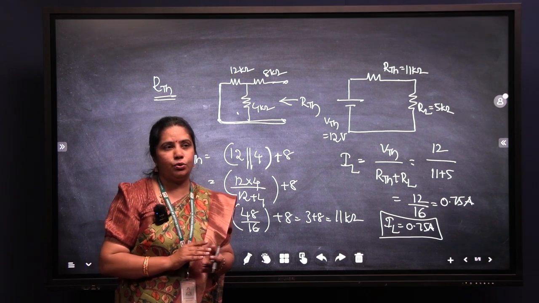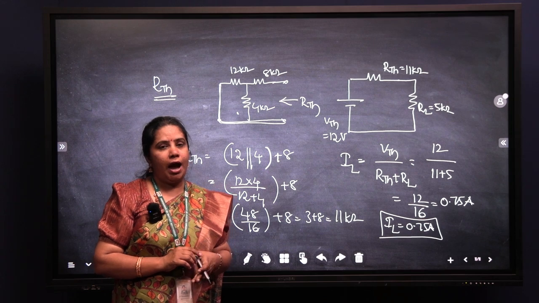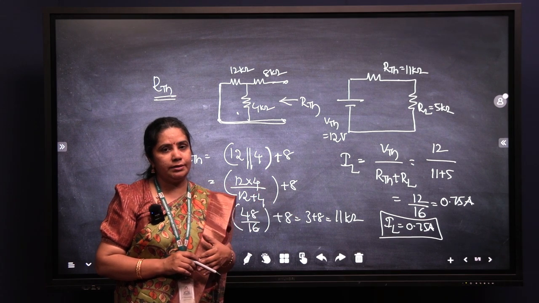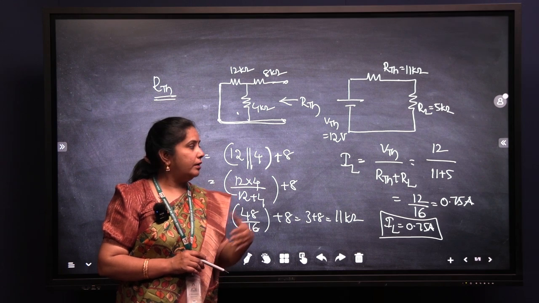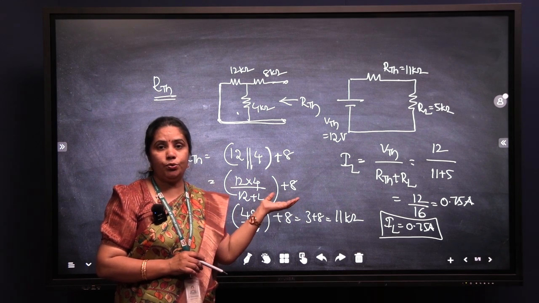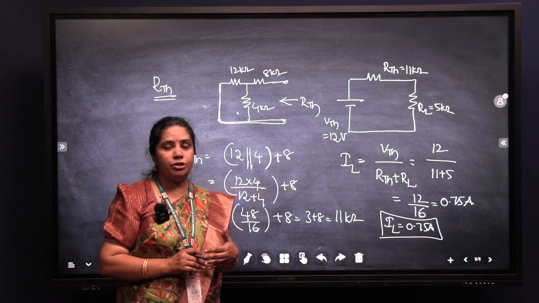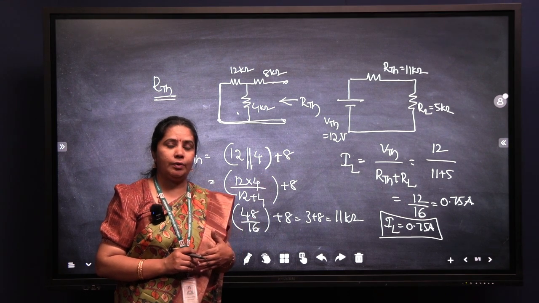Those are the two limitations we have. We can use Thevenin's theorem in power system analysis and also in resistance calculation using the Wheatstone bridge. These are the two applications of Thevenin's theorem.